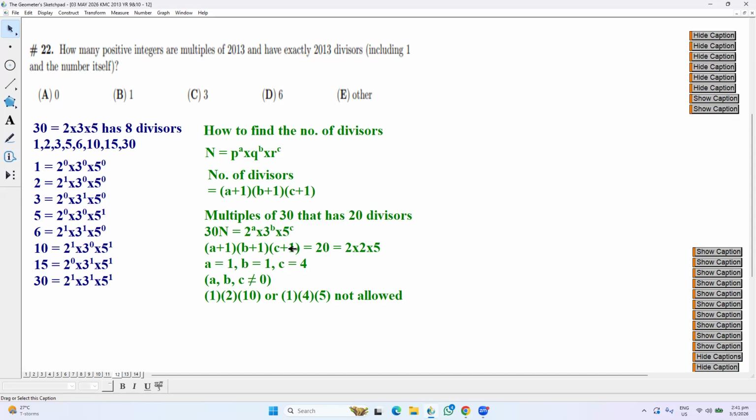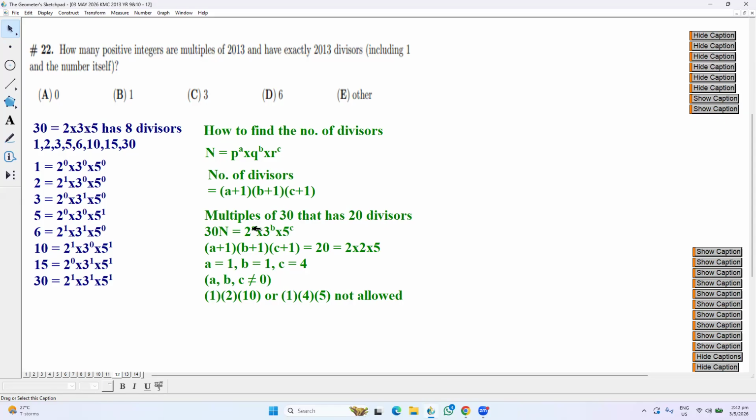But we want it to be 20, so it must equal 20. If not, it will not be 20 divisors. So we can only say it's 2 times 2 times 5. That means a is 1, b is 1, and c is 4 as one possibility. a, b, c are not allowed to be 0.